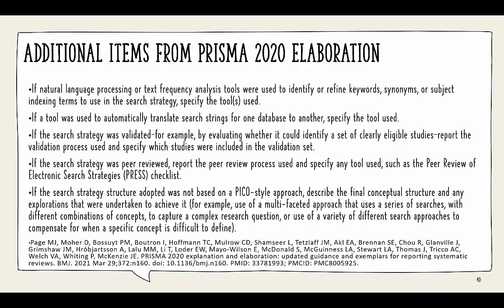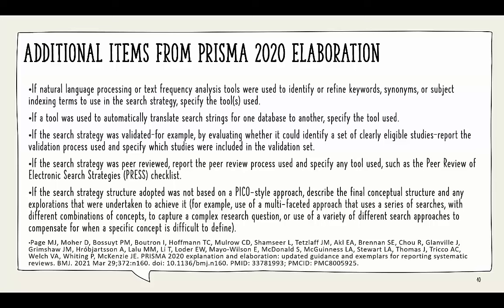And so while they do work together, there is a little bit of difference in them in some of the details. So one thing here, PRISMA-S says, tell us, did you do peer review? And then PRISMA 2020 is like, okay, well, if you did do that, then what tool was used, things like that, is one of the options listed here. If you used a tool to translate the search strings, last time we met, we talked about the Polyglot from the Systematic Review Accelerator site.